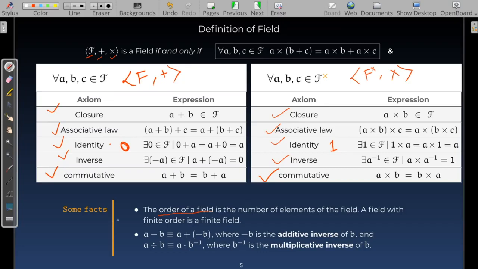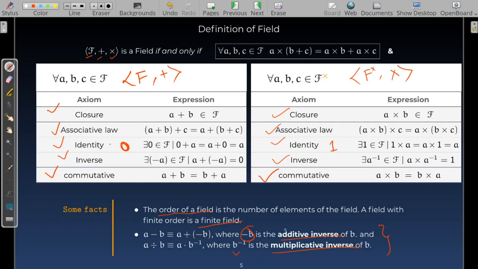So a field in which the number of elements in the underlying set F is finite is a finite field. This is the field that we are going to discuss in today's lecture. But before that, let's quickly review some of the notation. Minus B is simply the additive inverse of B, and B to the power minus 1 is the multiplicative inverse of B. This is just for the notation.